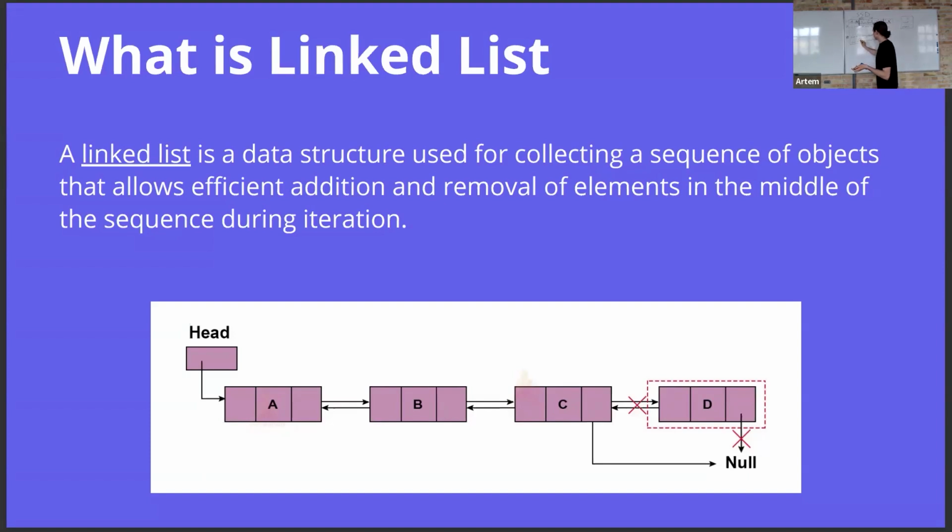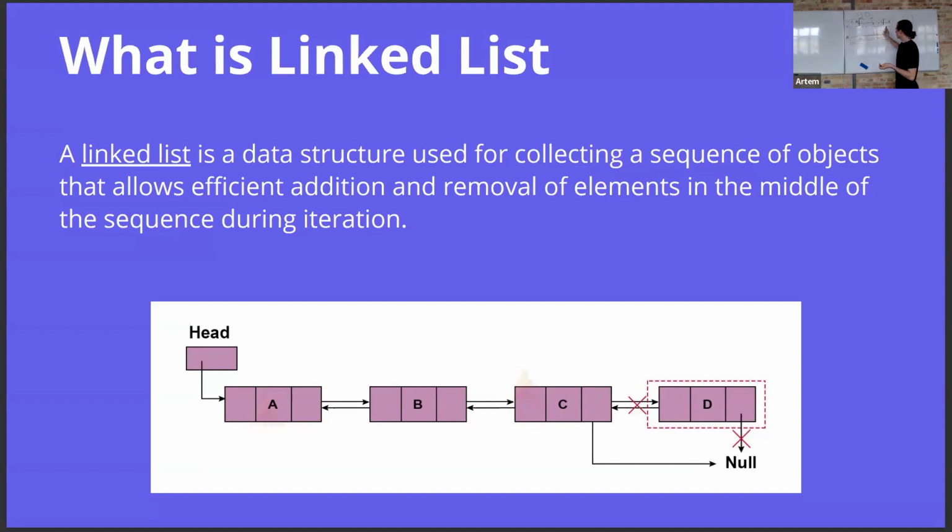And then our node 9, in the field prev, will store a reference to 7, and in the field next, it will store null because there are no next elements.